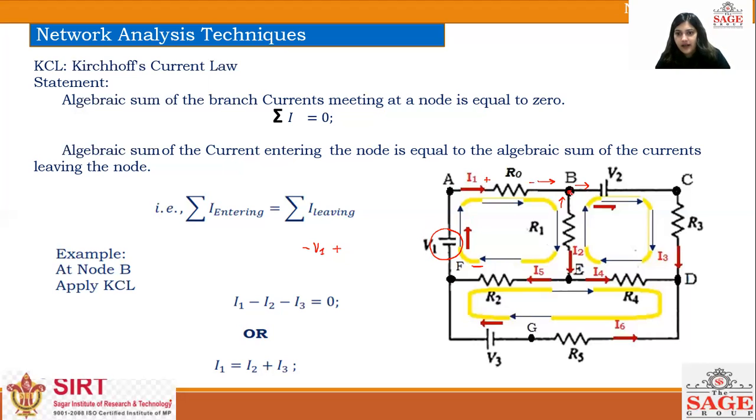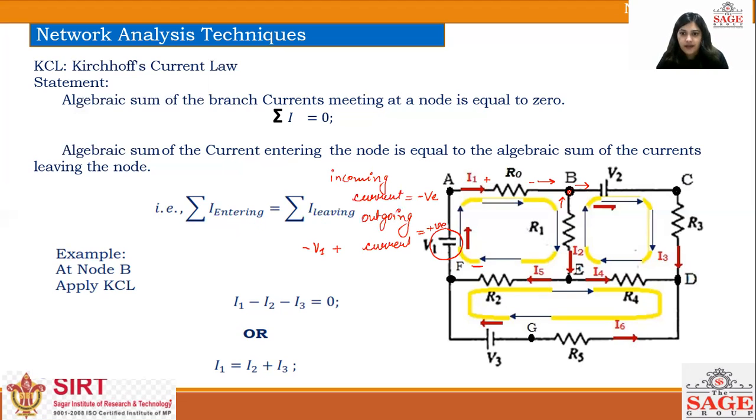In KCL, we will consider incoming current negative, and outgoing current positive. That is, the summation of current entering is equal to the summation of current leaving.